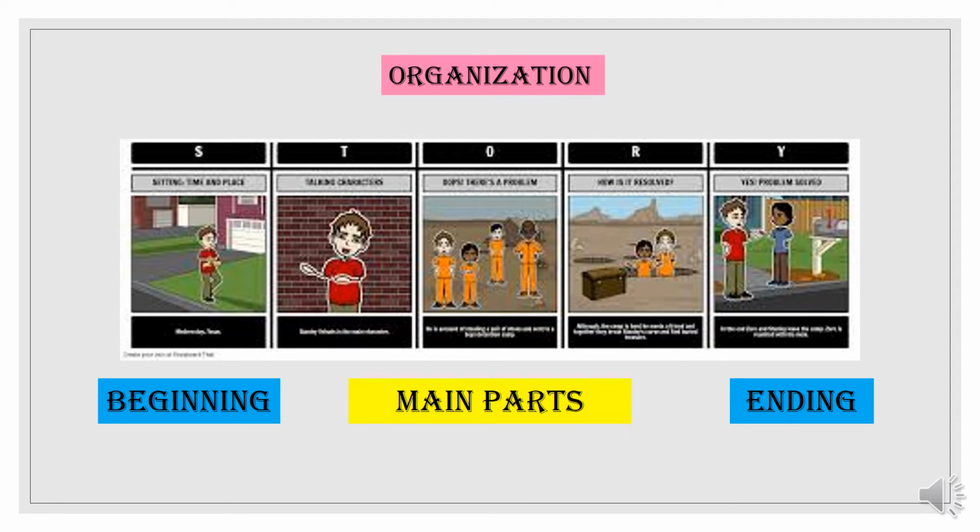Now, how to organize your story? The good thing about this writing task is that you can always organize them in the same way. It is a little bit like a good cooking recipe because it works every time. A good story usually has a beginning, a main part, and an ending. The main part is the most important one, so you want to make it longer than the other parts.